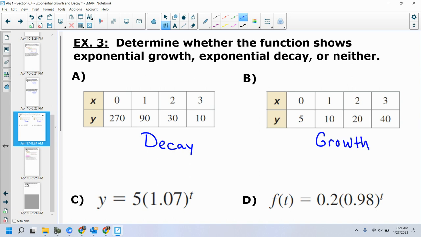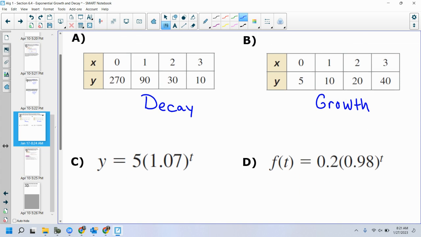How do you tell based off the look of the equation whether it's exponential growth or decay? Elijah? More than 1 or less than 1, right? So, Elijah, tell me, growth or decay? Because this is 1.07. Because it's just a little bigger than 1, it's going to be growth.